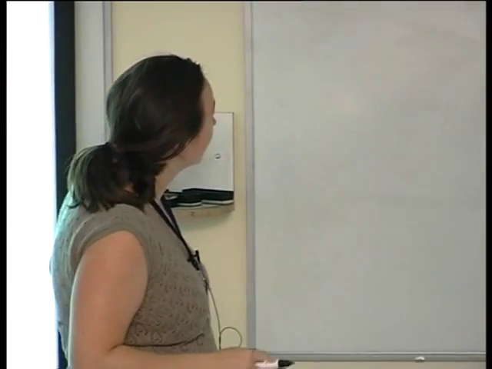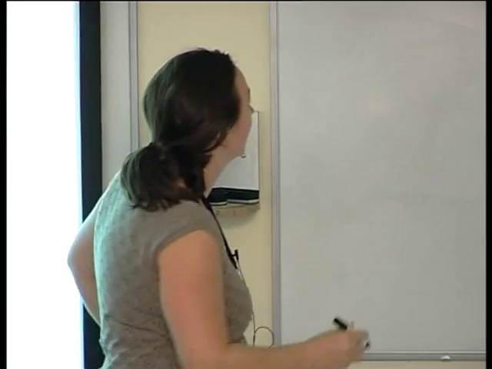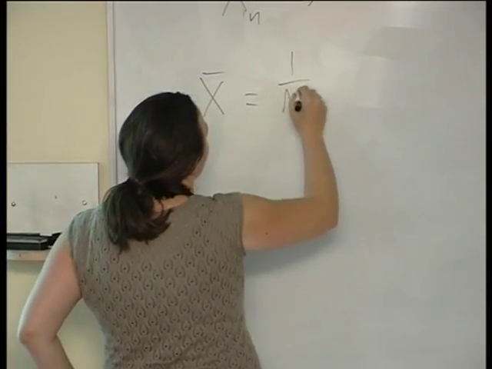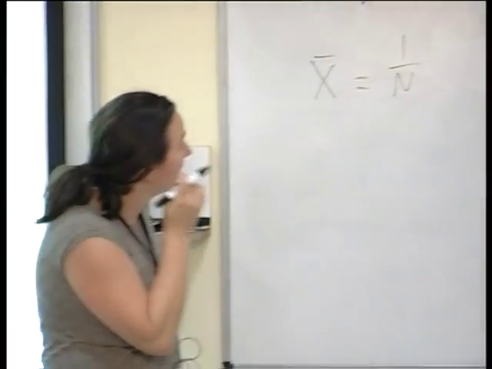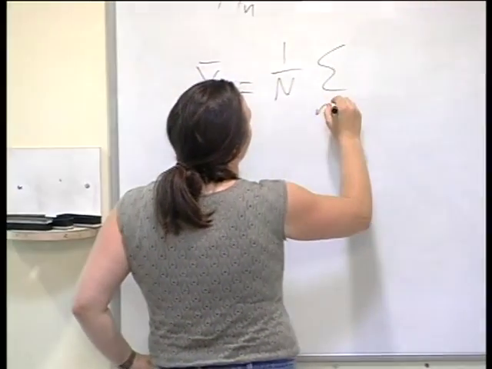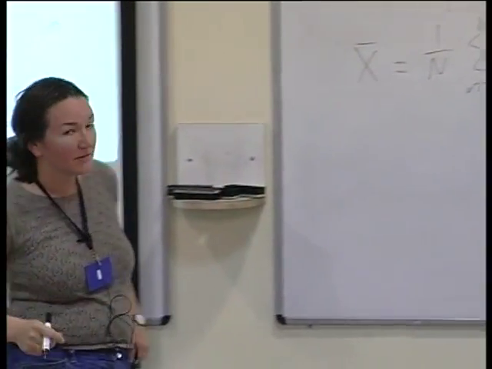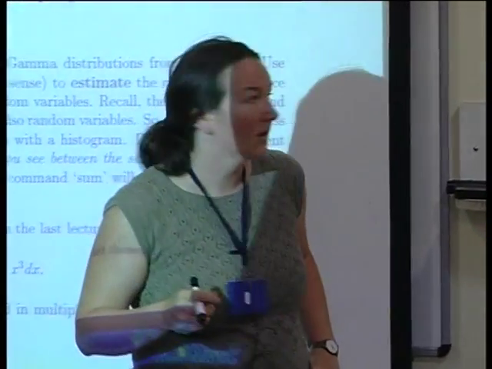So these are three different problems. You start with, say, the Gaussian distribution. You'll sample the Gaussian distribution and calculate the sample mean as 1 over n, the sum of each of the random variables that you draw.